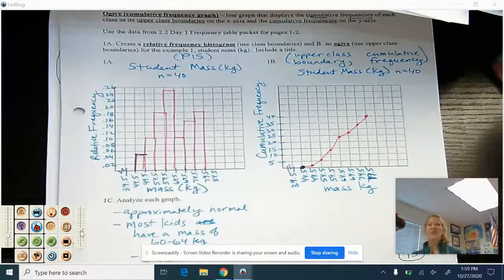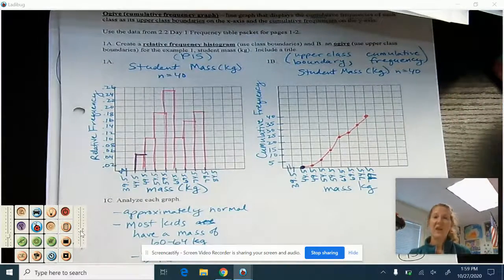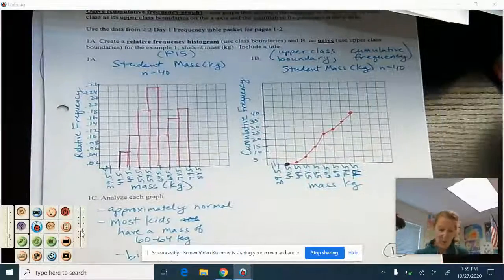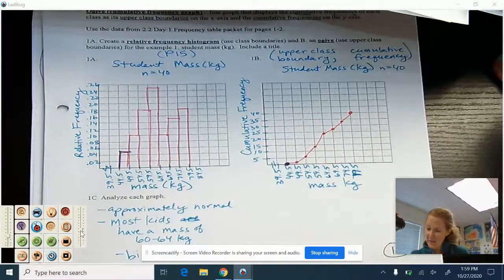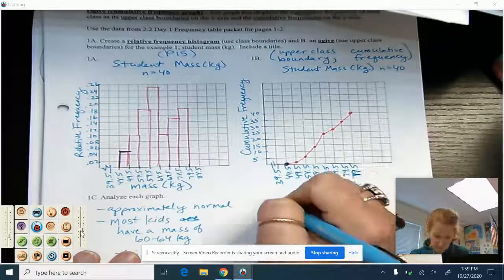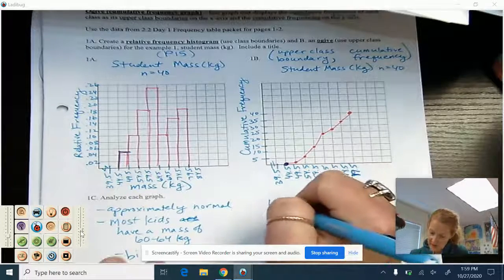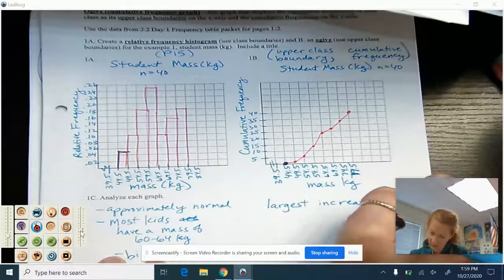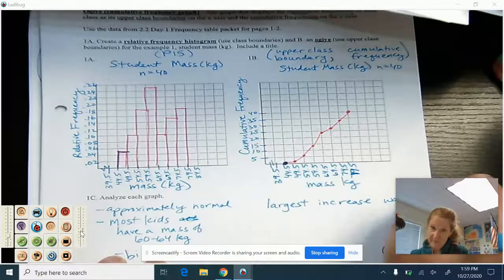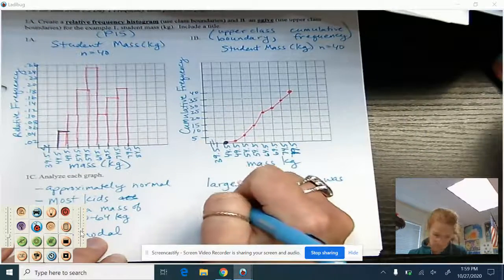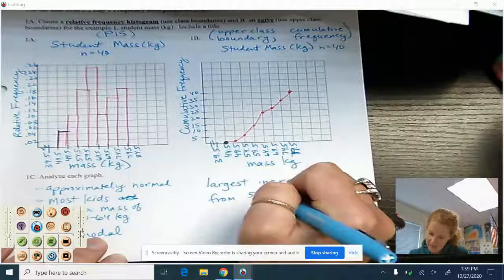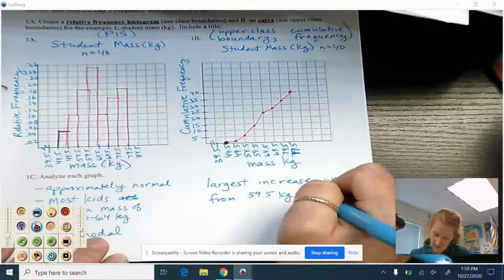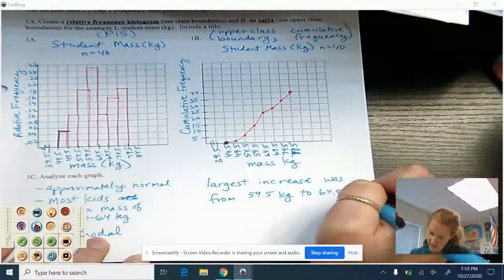What's nice about the ogive graph, another name for which is a cumulative frequency graph, is that it shows you the increases. An observation we might make for this data is that the largest increase was from 59.5 kilograms to 64.5 kilograms.